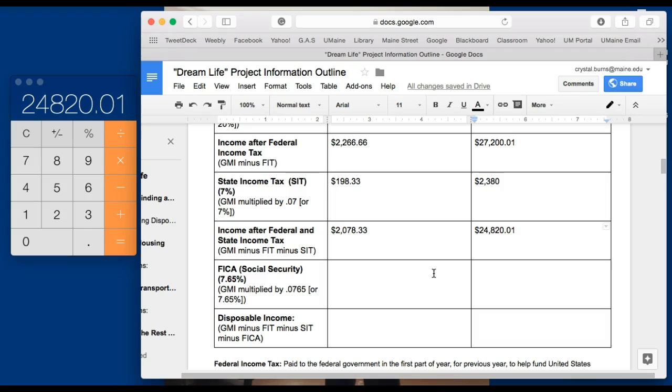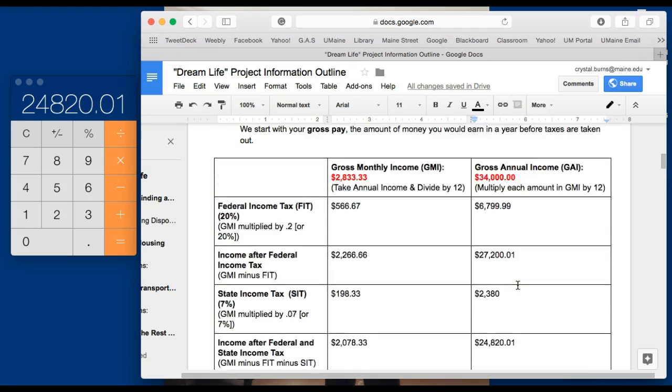So to find our Social Security tax, which is 7.65% right now, we have to take our gross monthly income or our gross annual income and multiply it by 0.0765, which is the decimal form of 7.65%. For this particular case, I'm going to start with my annual, right?